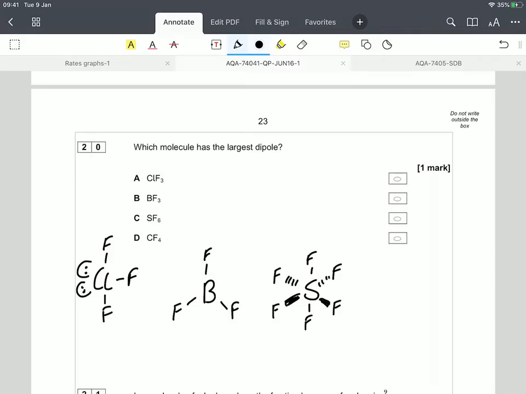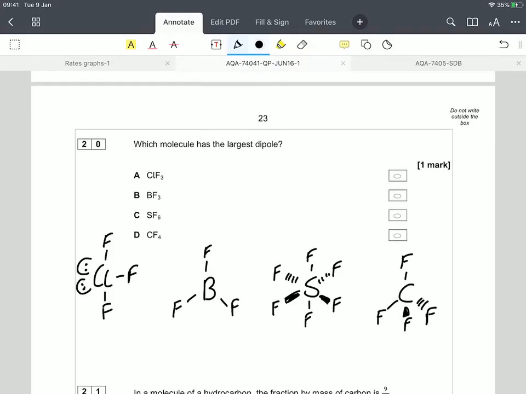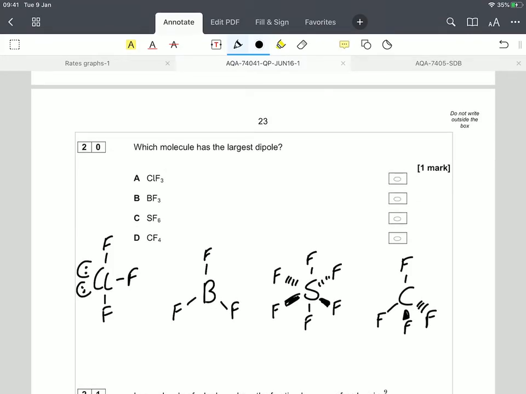Okay, CF4, this will have very polar bonds because the carbon-fluorine bond is very polar, but it's also completely symmetrical because it's a tetrahedral molecule. I realise and appreciate that I went through those very quickly, right? But you'd have to work out the shape and positioning of lone pairs and what have you.